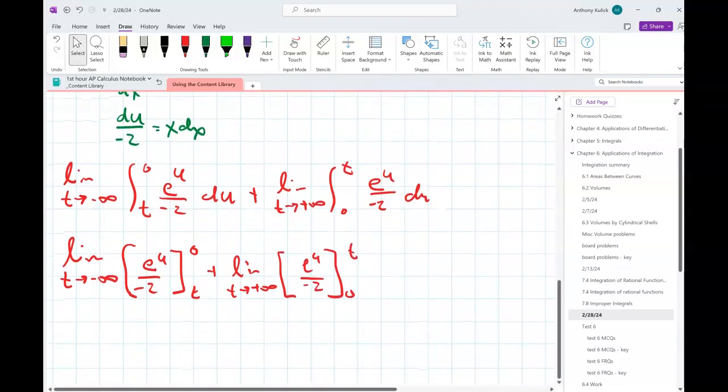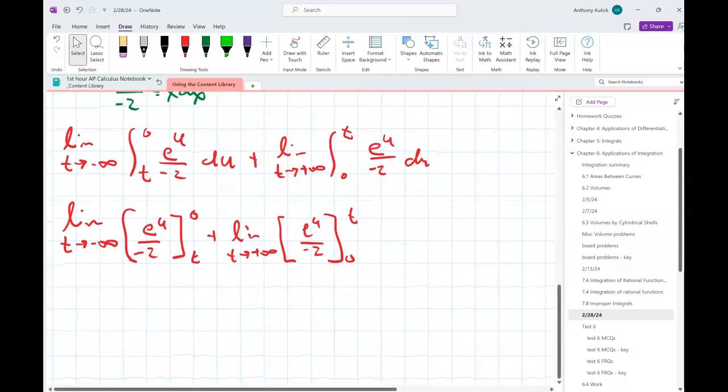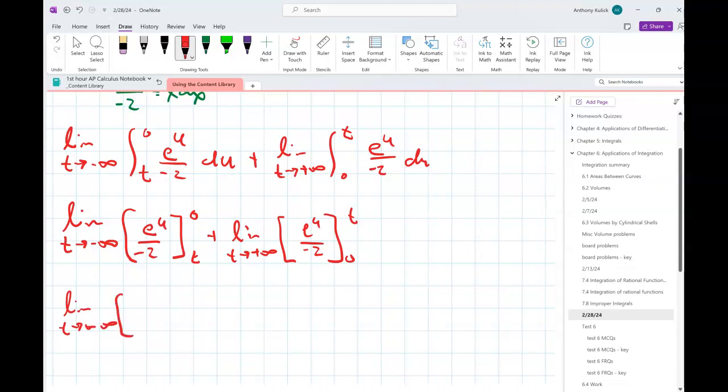And at some point we'd have changed the bounds since we're doing a u sub, but I'm just going to not, because it feels like it's going to be a lot of changing going on. So I'm just going to go ahead and put my x's back in.